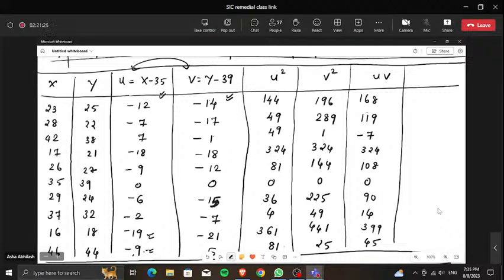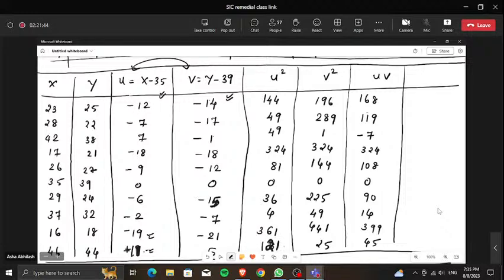Yes, this is correct, it's not 9. And the third one also is plus 2. This is correct now, 11. So here it will be 121.